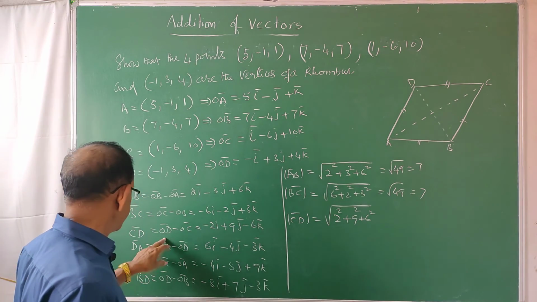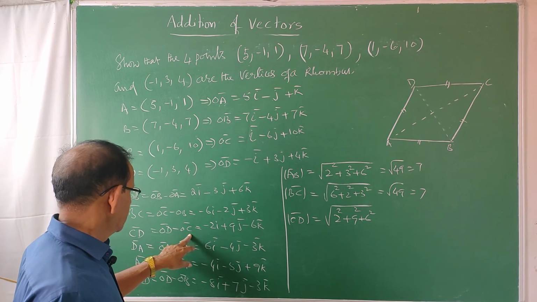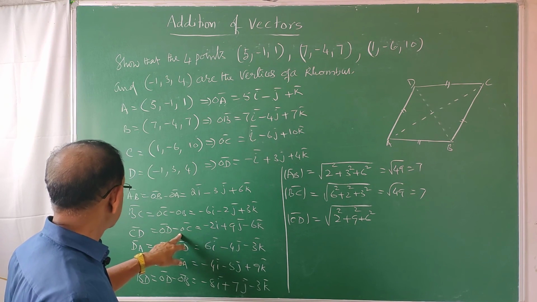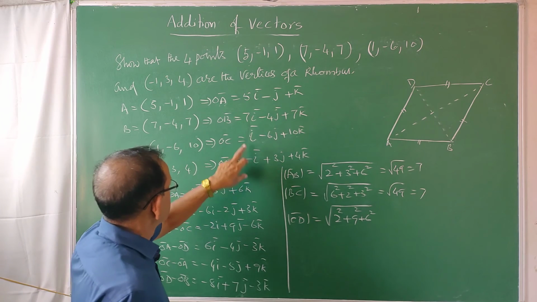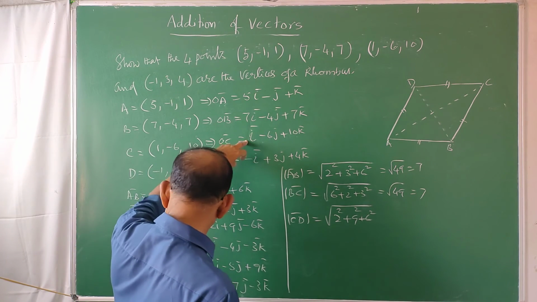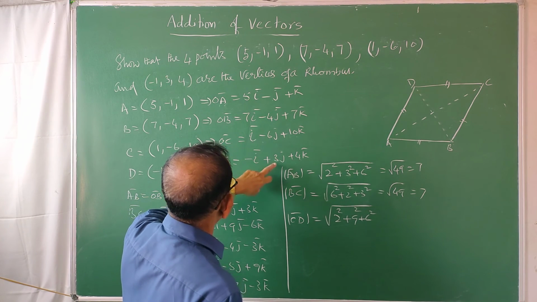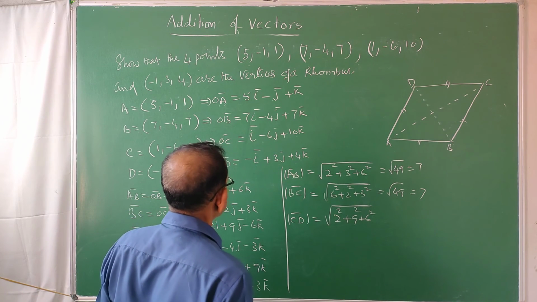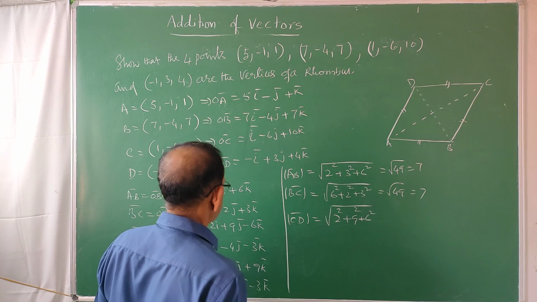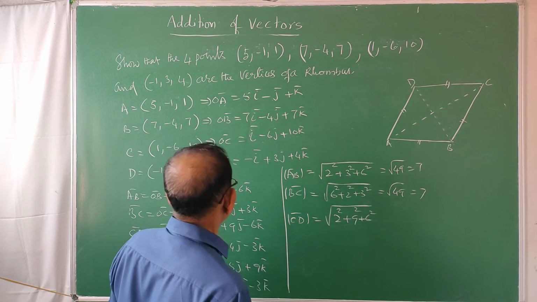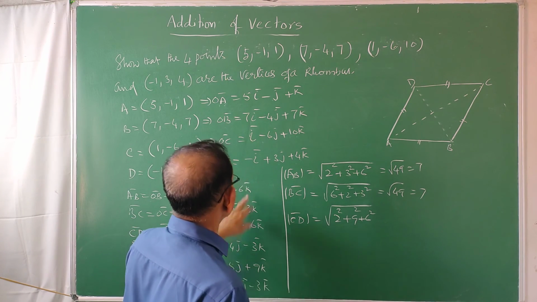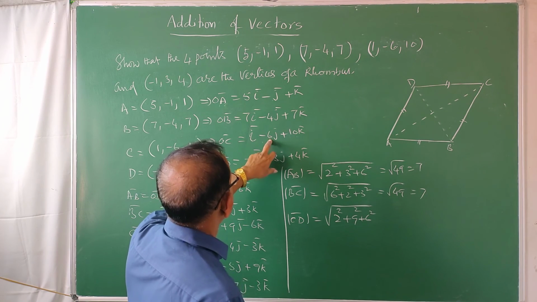CD is OD minus OC, fourth minus third. Minus 2i, correct. And 3j minus 6j, 9j only you are getting. 4k minus... There must be some mistake in the sum.